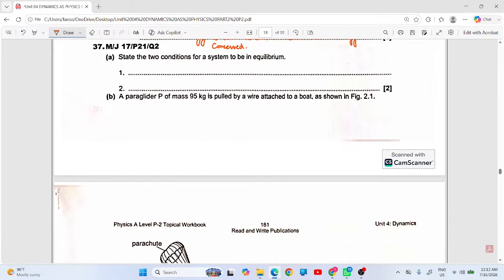Next, state the conditions for a system to be in equilibrium.